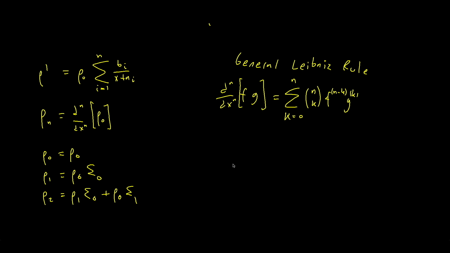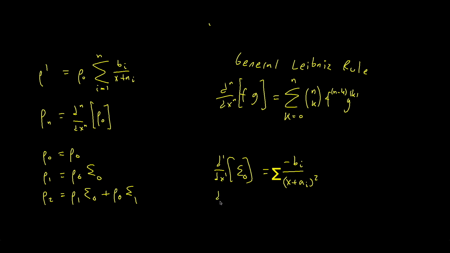We can calculate the nth derivative of the sum pretty easily. So let's do that. Let's just do the first derivative of this sum naught. That would be negative bi over x plus ai squared. So this would be the first derivative.